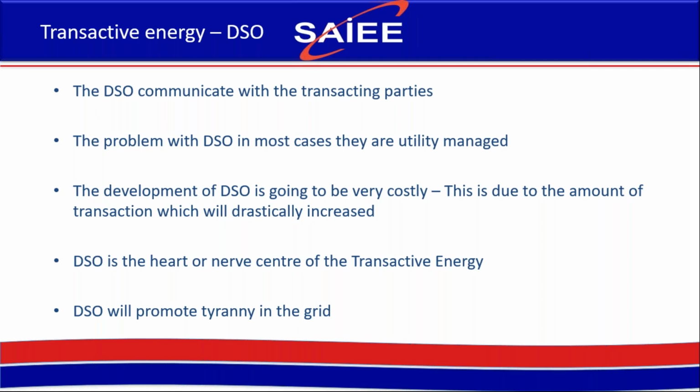I'm not sure even if it's going to be manageable. So the DSO is somehow the heart or the nerve center of the transactive energy, but we are trying to replace this DSO by blockchain. So the DSO will promote tyranny again in the grid, and what we want is democracy.